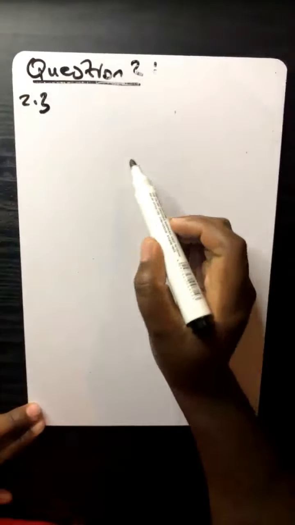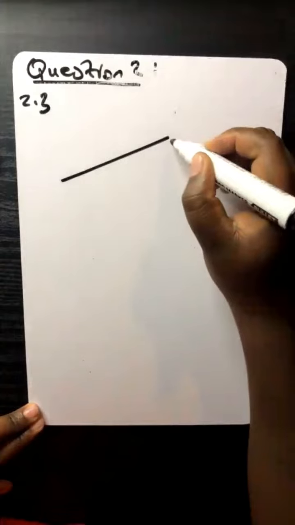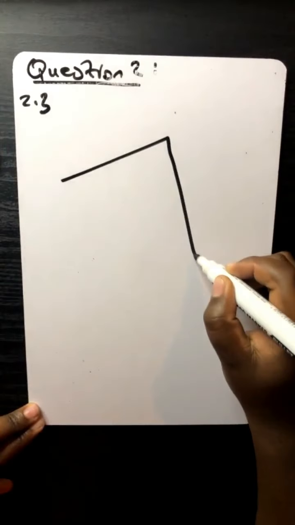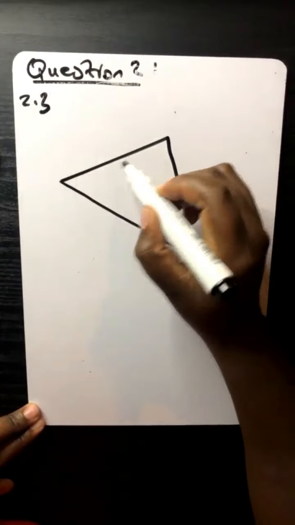Alternatively, let's see. If we have that line, and another equal line, let's join those two.